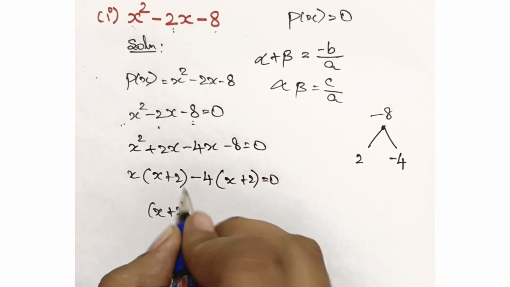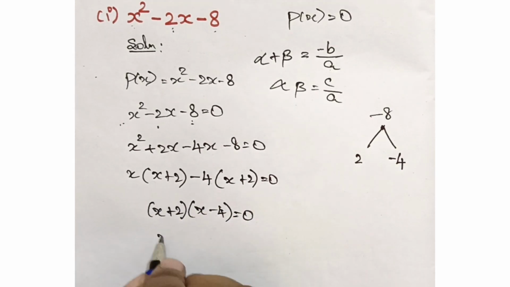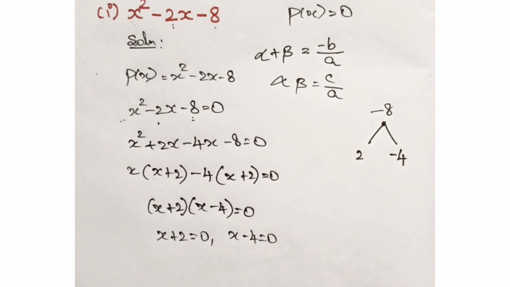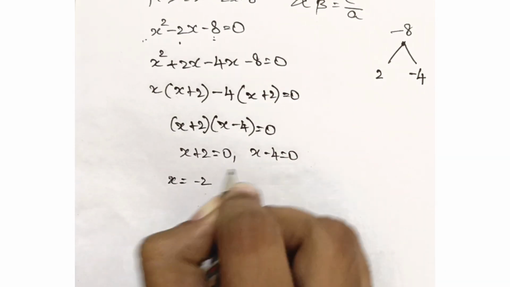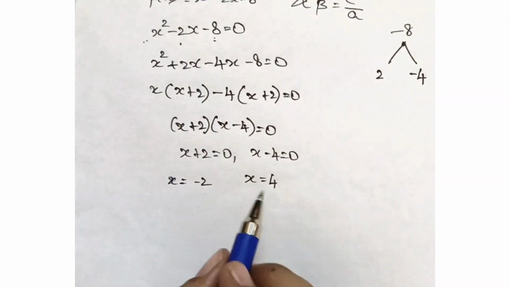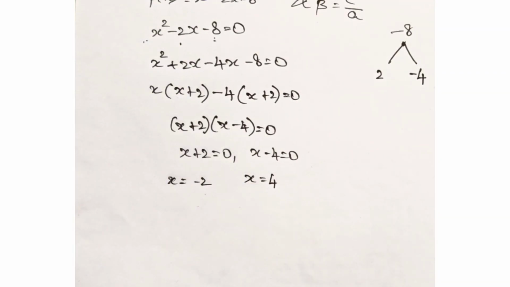X plus 2, the remaining x minus 4 equal to 0. So x plus 2 equal to 0, x minus 4 equal to 0. So x equal to minus 2 and x equal to 4 are the two roots of this polynomial x square minus 2x minus 8. Now we get the two zeros of this quadratic polynomial.